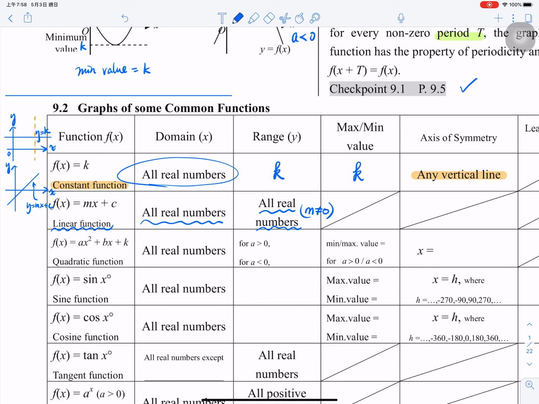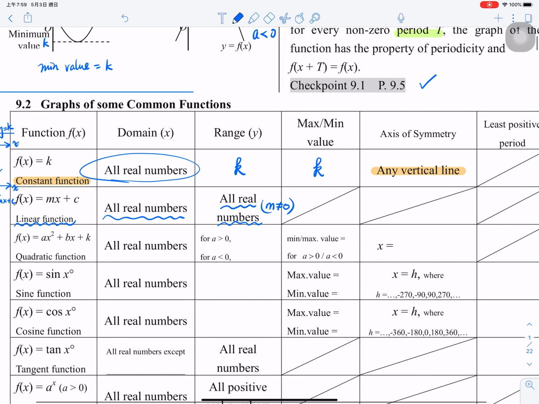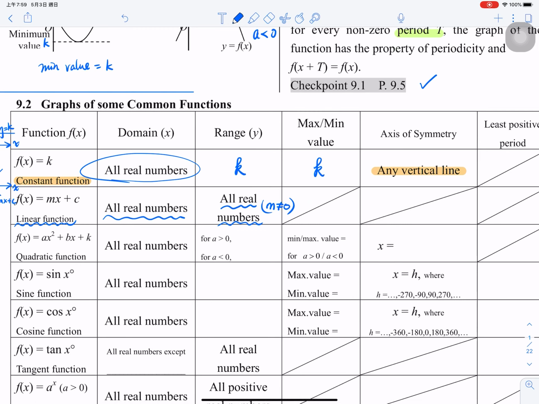For the linear function, there is no maximum or minimum value because a straight line has no endings, so you cannot see any maximum or minimum value. How about the axis? This time it is difficult to say about the axis of symmetry, right? So also no period.